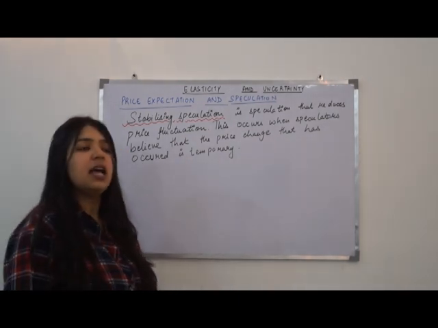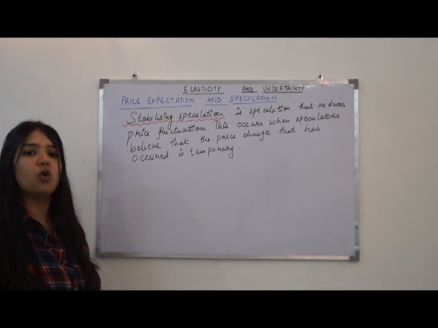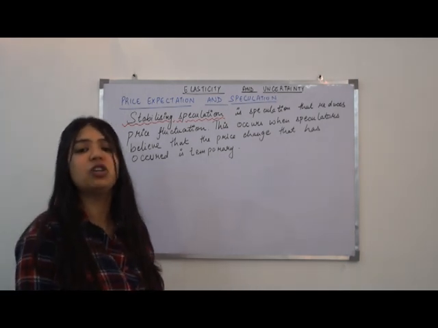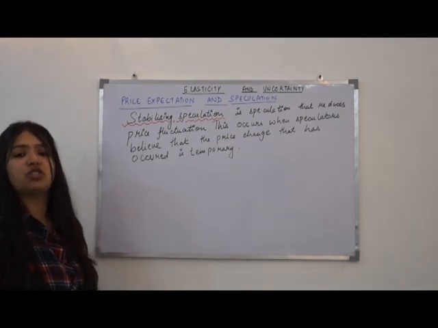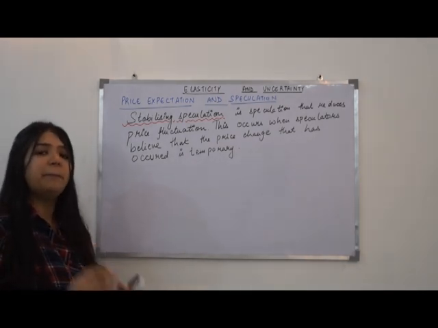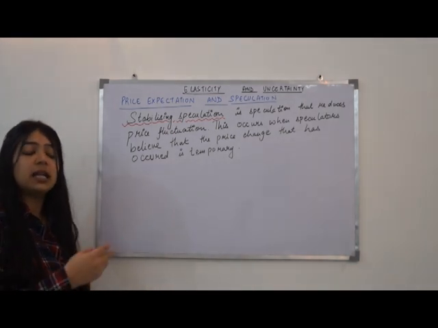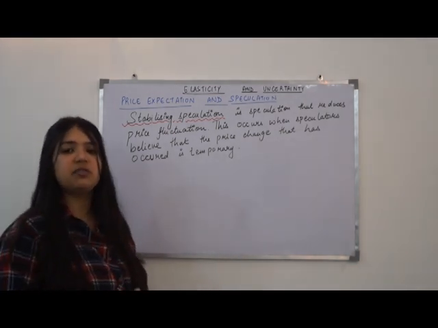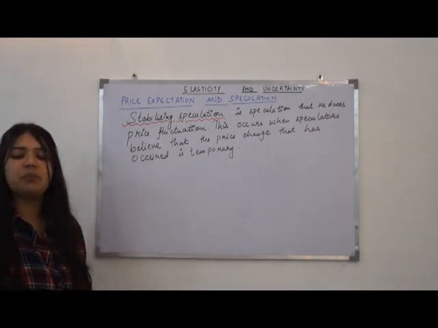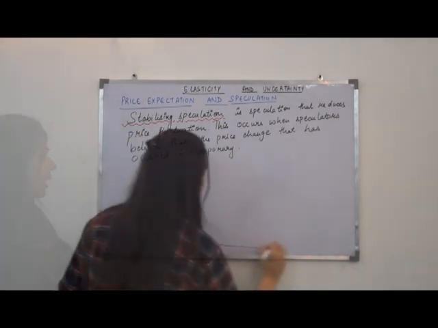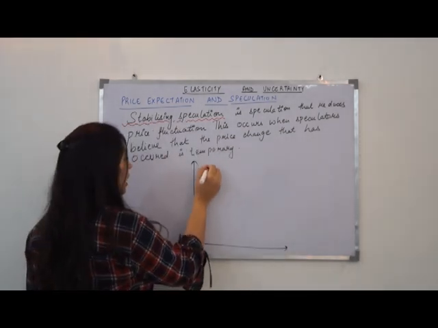So that is why the speculators, that means those who take their decisions on the basis of expectation of future price movements, still take their decisions, but they think that the price fluctuation that has occurred is temporary and it is going to come back to its original price. Now let's look at the diagram.